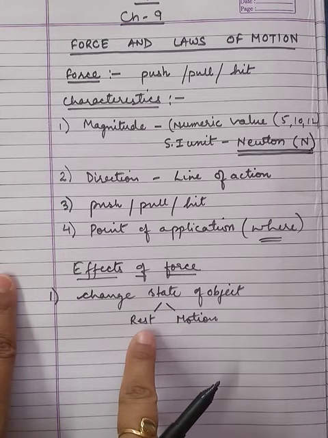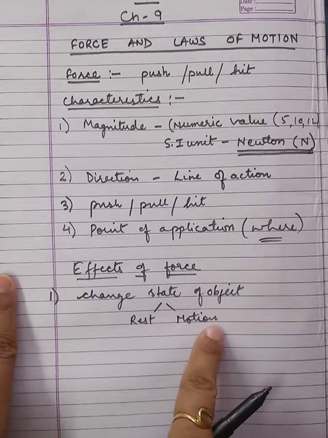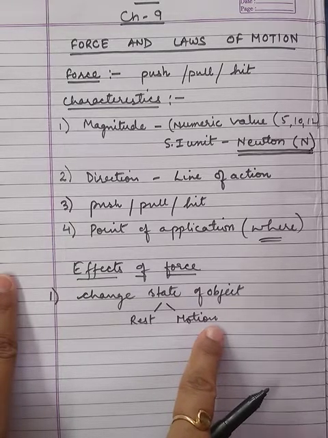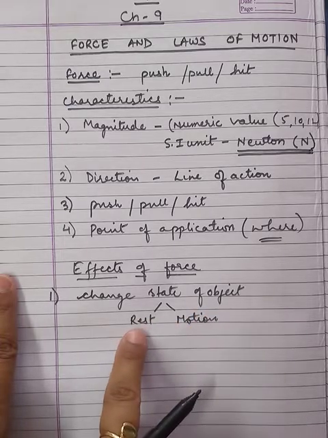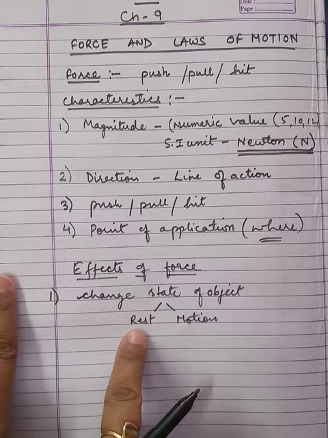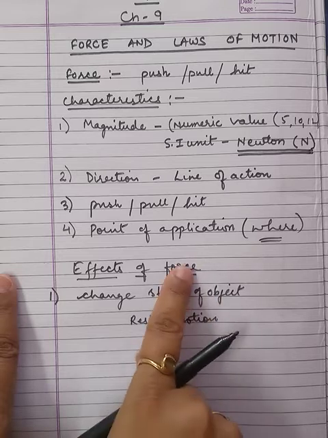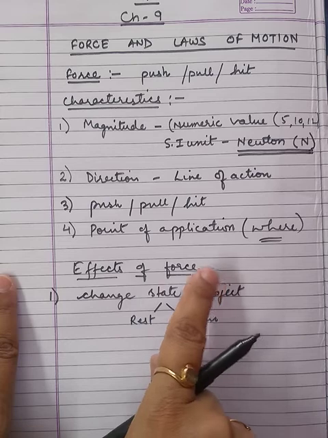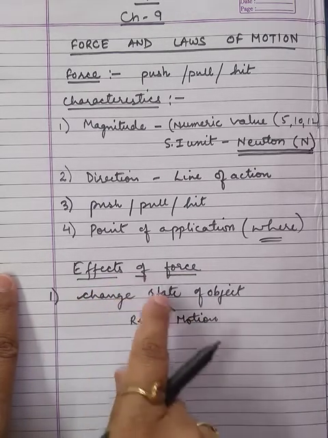If the object is in rest position, then we can apply force and make it moving, make it in the motion position, okay, motion state. Then if the object is already in motion, then we can apply force and make it stationary, keep it in the rest position, okay. So we can change the state of the object by applying force. This is the effect of force. That means when we are applying force, what changes we can see, what effect we can see, okay.